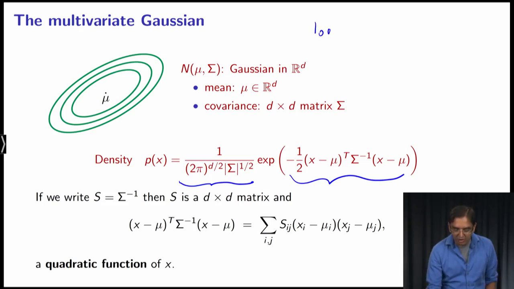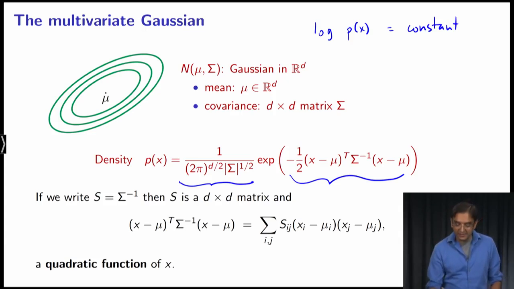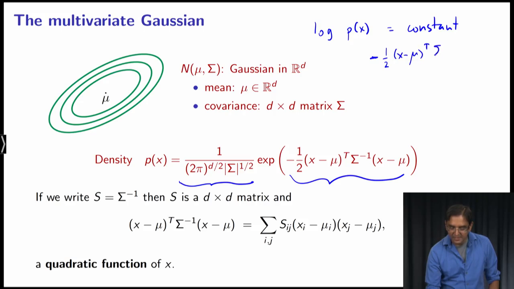Let's see what happens if we do that. Let's take log of p(x). So the first part just becomes some constant. And the part in the exponent then becomes negative a half (x minus mu) transpose sigma inverse (x minus mu).